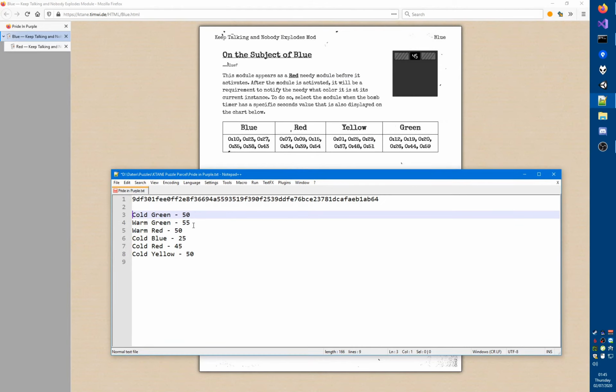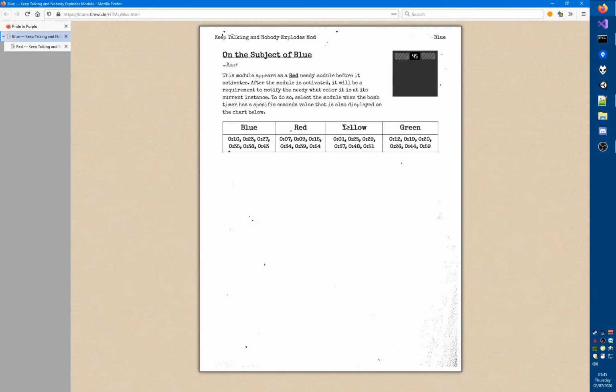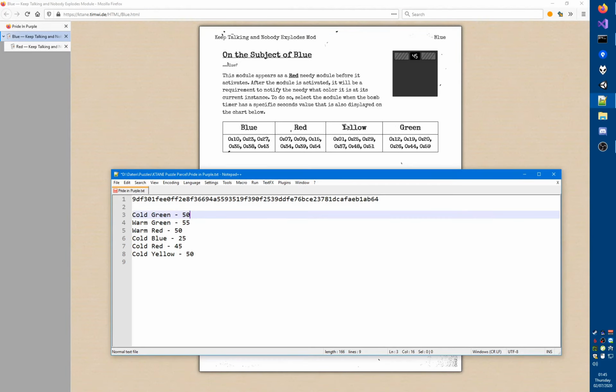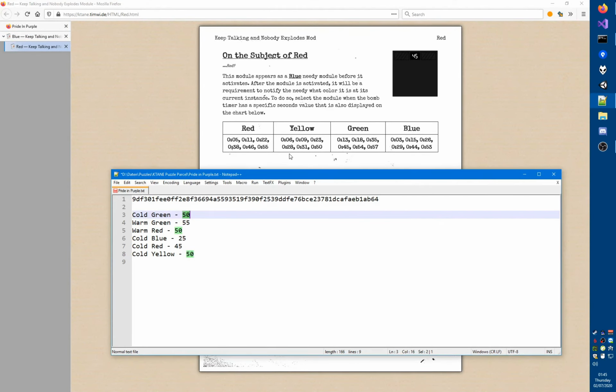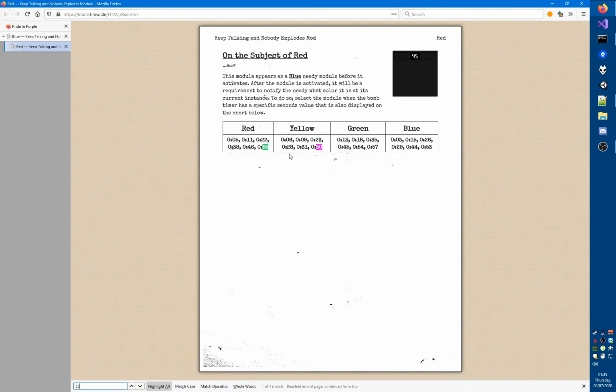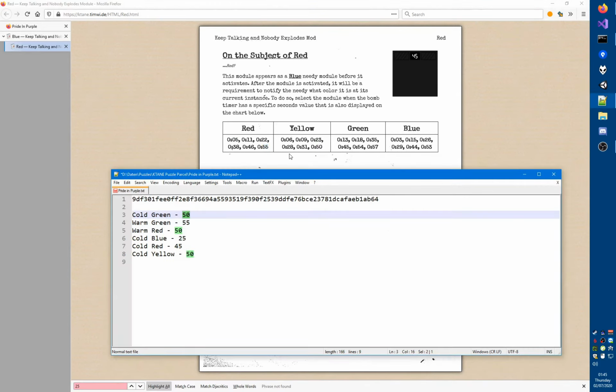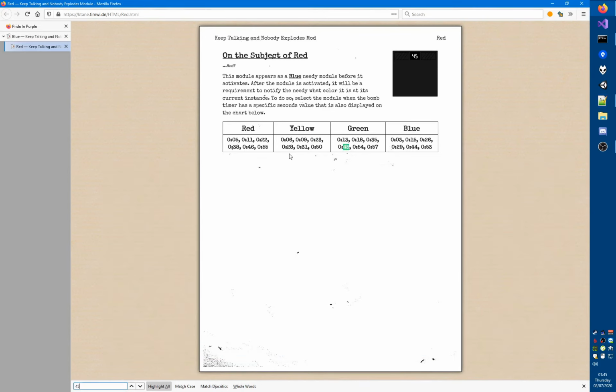In which case 50, let's see, 50 is not actually there. 55. None of these values are actually in this manual. Let's see about this one. Oh, sorry, this one does have 50 and 55. 25. It does not have 25. 45.